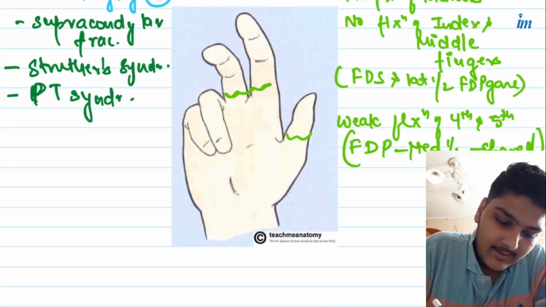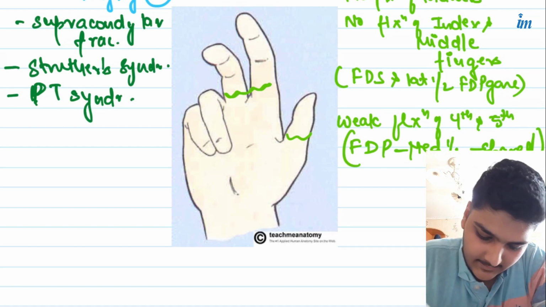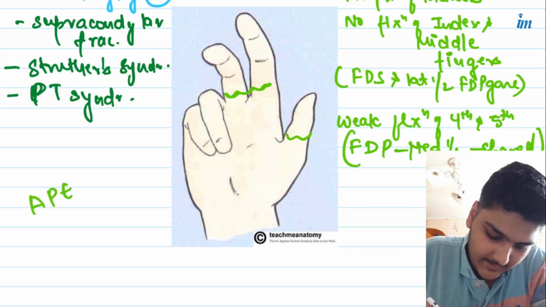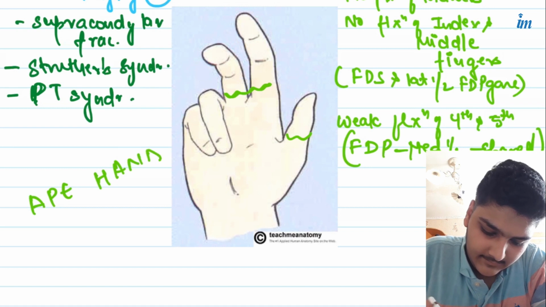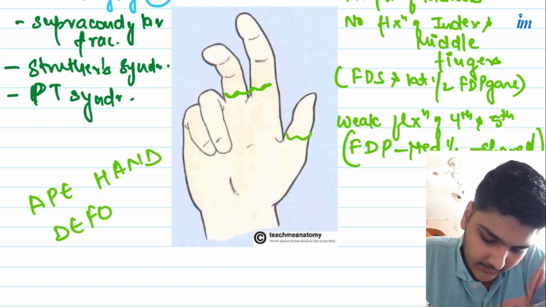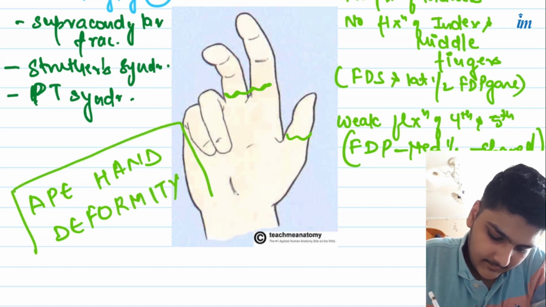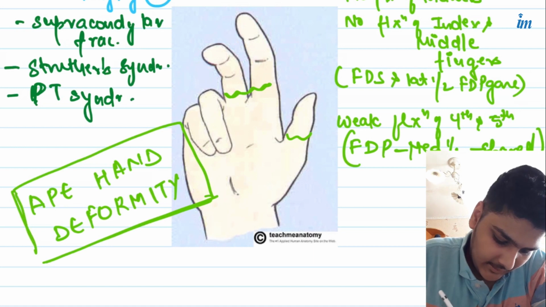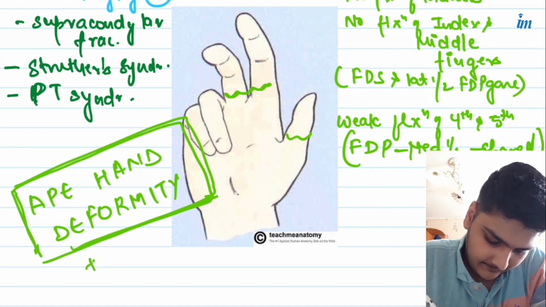Therefore, there will be ape hand deformity. Ape hand deformity is a must. That is inability to perform opposition of thumb. Ape hand deformity is a feature of any median nerve injury.